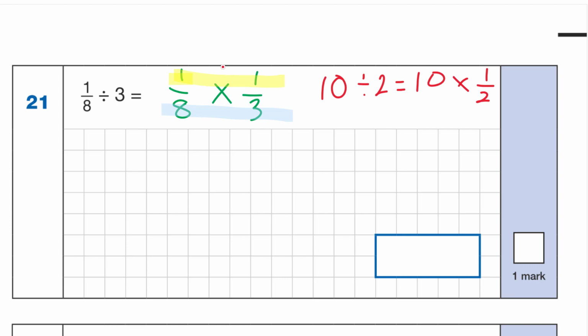So 1 times 1 along the top is 1, and along the bottom 8 times 3 is 24. So it's as simple as that. You just multiply the top, multiply the bottom. But when you're dividing with a fraction, just take that number you're dividing by and pop that underneath a number 1. Turn it to a fraction.